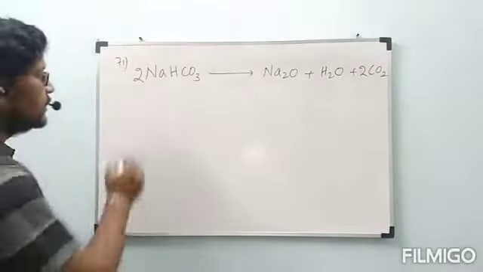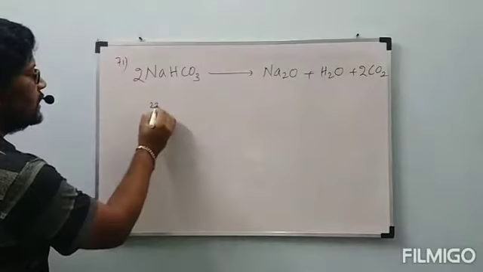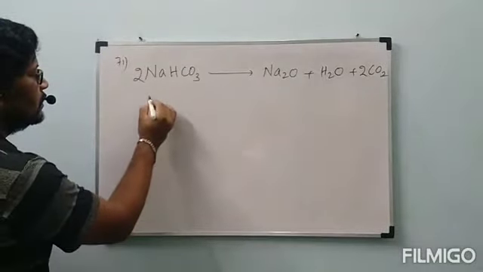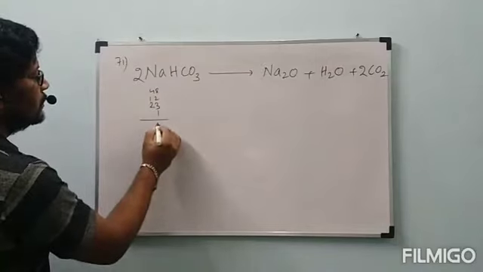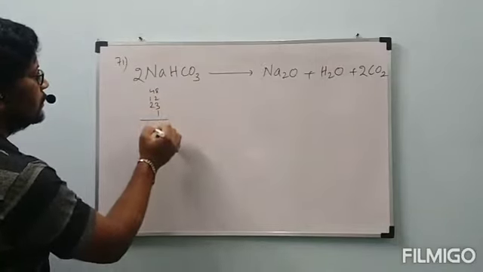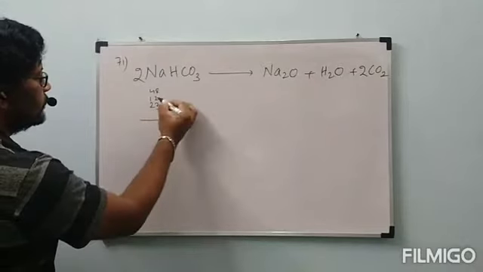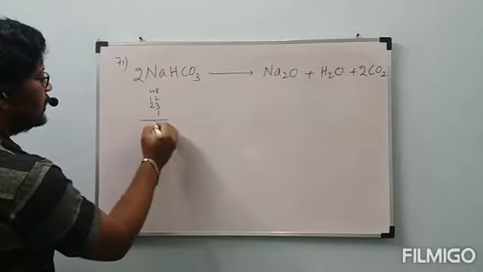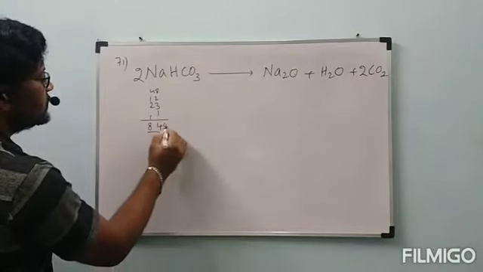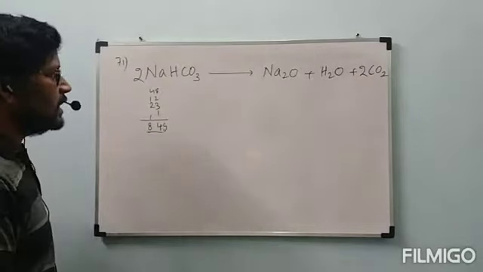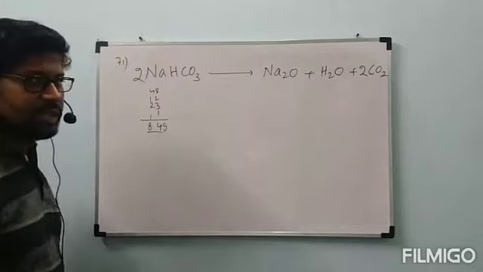NaHCO3 gram molecular weight: 23, 1, 12, 48, that is 84 grams. 84 grams of NaHCO3 is 1 mole.